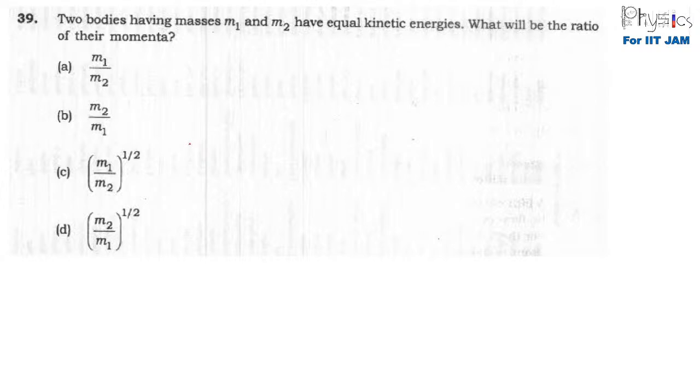Okay. So first of all, what is the relation between kinetic energy and momentum? See, we know that the formula for kinetic energy is Ek equal half mv square, right? And momentum is m times v.